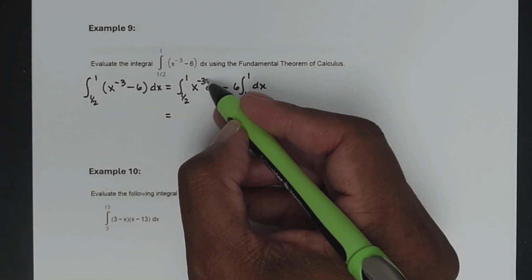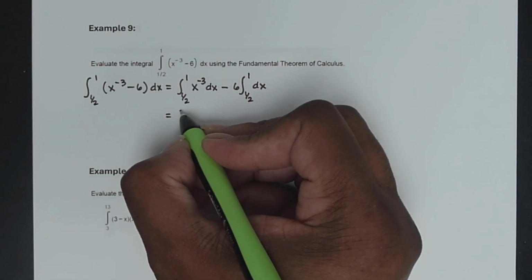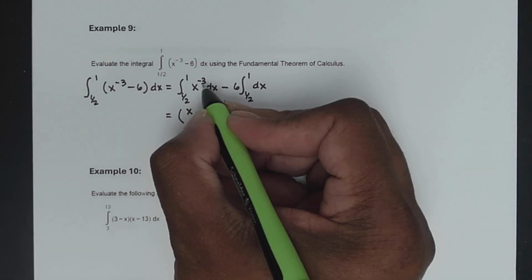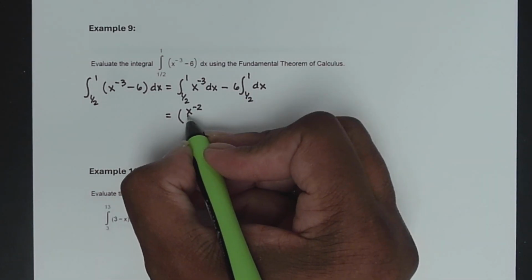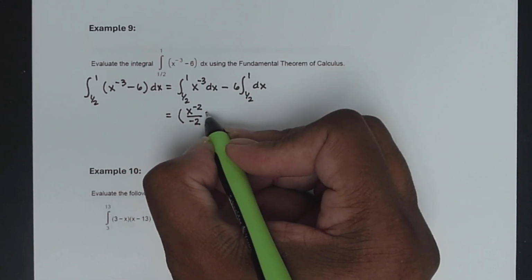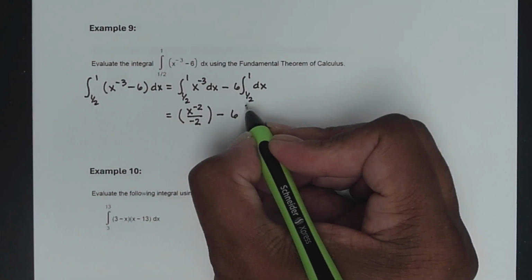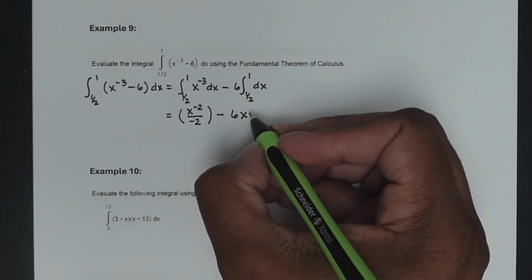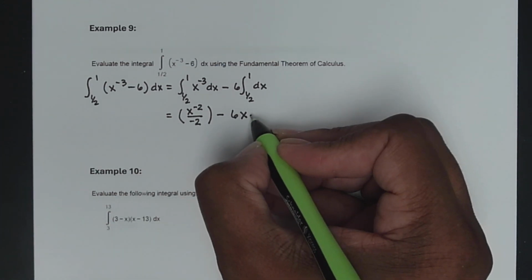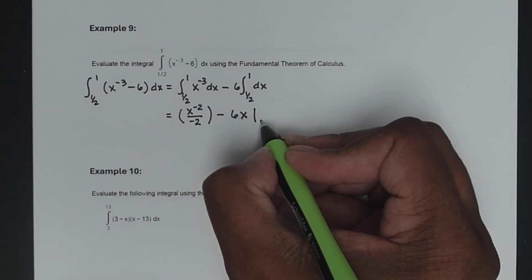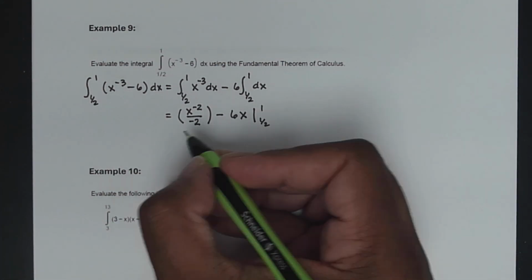In this case here, we increase the power by 1. So it'd be x to the negative 3 plus 1, that's negative 2, divided by negative 2, then minus, bring down this 6, integral of dx would just be x. And this is from 1/2 to 1.